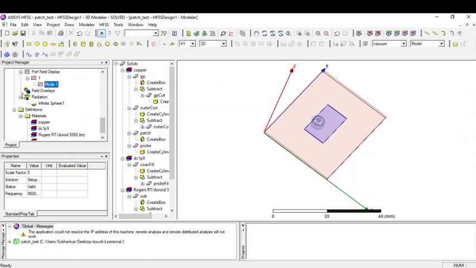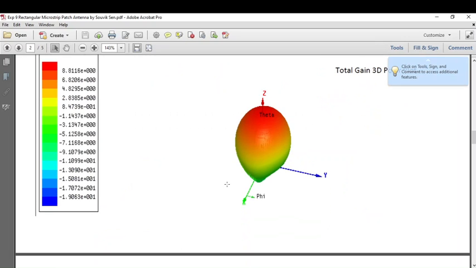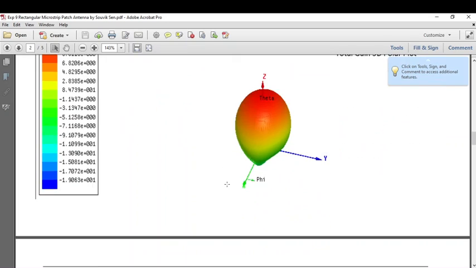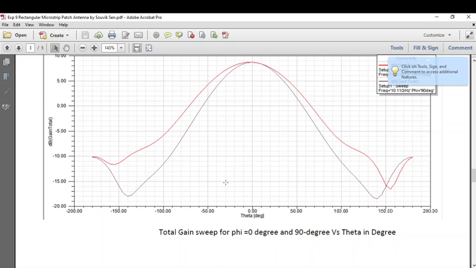You can also see the field overlays. And from the report you can see how we have done each and everything.